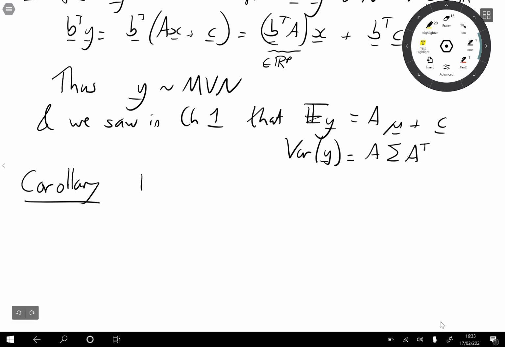I just want to highlight a corollary. Let's say x is normal with mean 0 and variance matrix equal to the identity matrix, of dimension p.